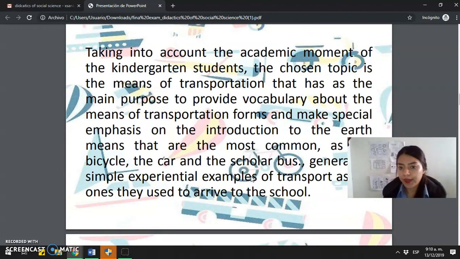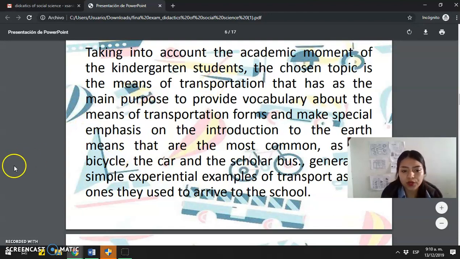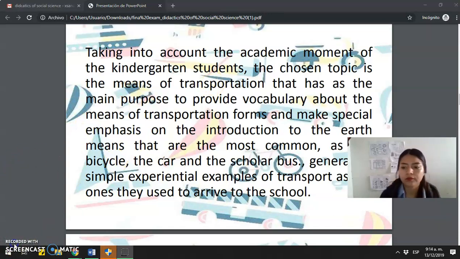Taking into account the academic moment of the kindergarten students of the school where I was doing my practices, the chosen topic is the means of transportation, which has the main purpose of providing vocabulary about the forms of means of transportation, making a special emphasis on the introduction to the earth means that are the most common.